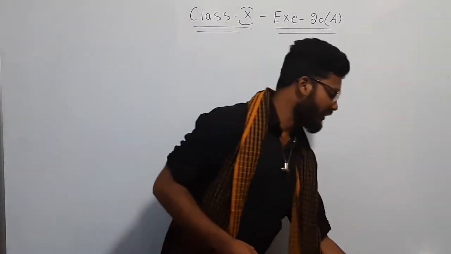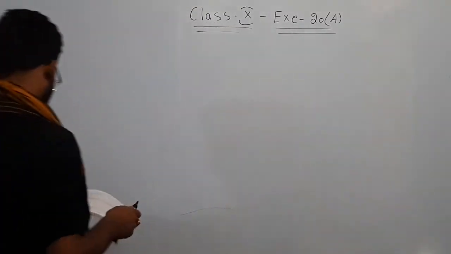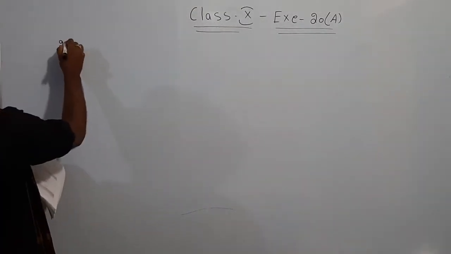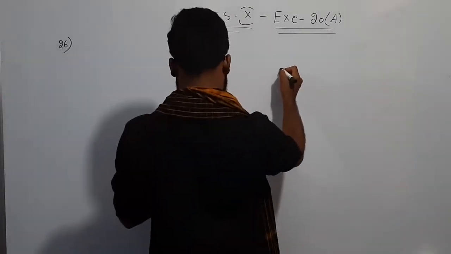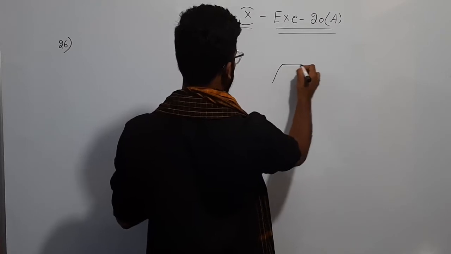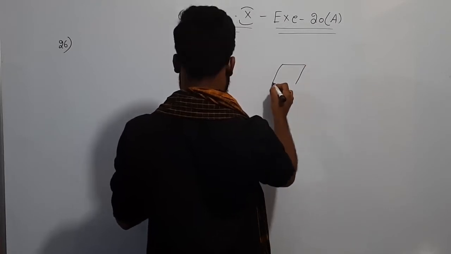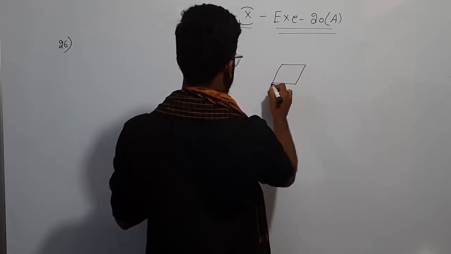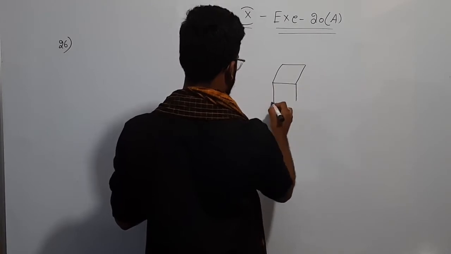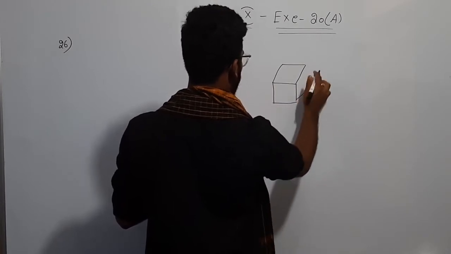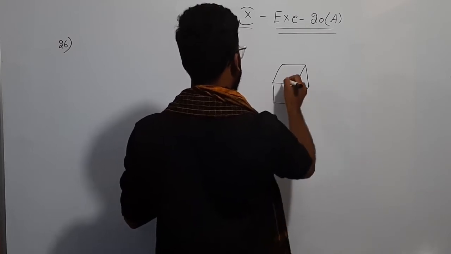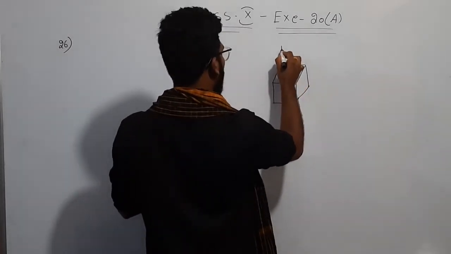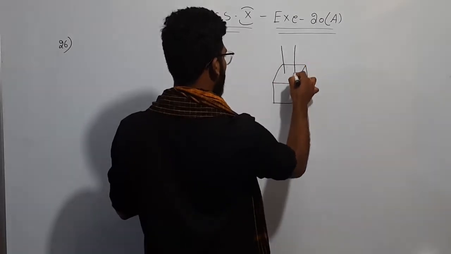Let's see 26 one. They gave a diagram. See what it is. On the cuboid, there is a cylinder, right?